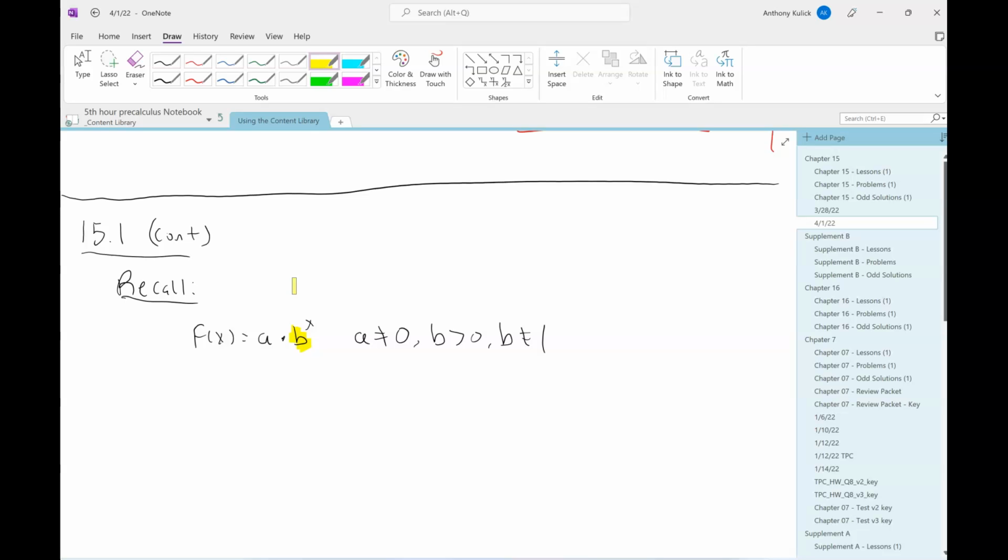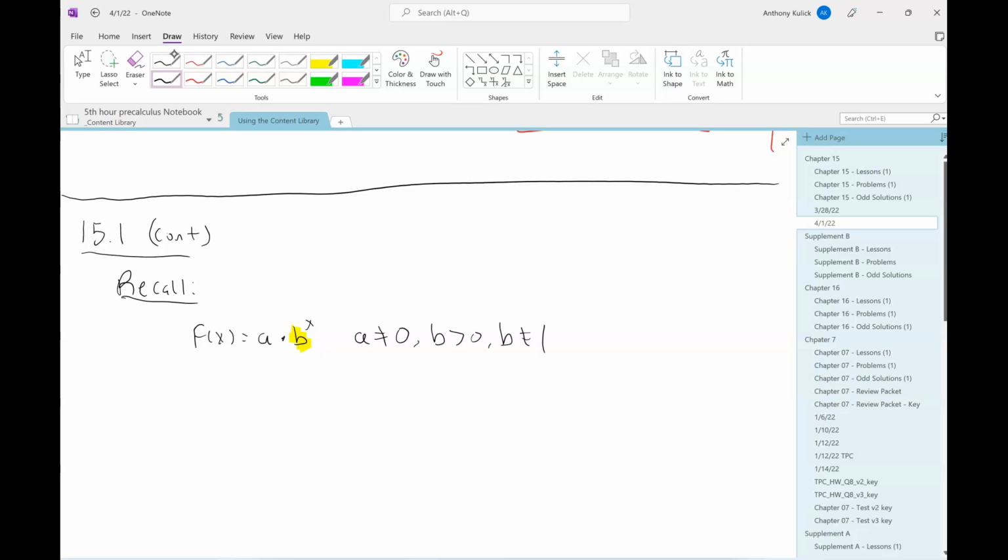Which makes it kind of difficult to compare two exponential functions to one another, to ask which one is going to be growing faster, and how much faster it might be growing than another one. It's inconvenient if I want to compare two exponential functions.